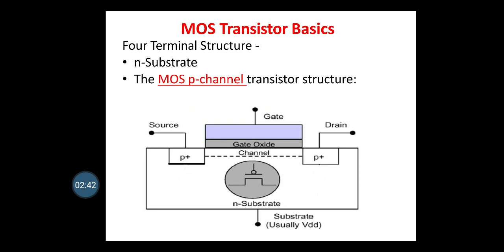There you can see a gate oxide which acts as an insulator, and a channel is also shown here which forms between two P types. Since two P type semiconductors are connected via the channel, it is called a P channel MOSFET.